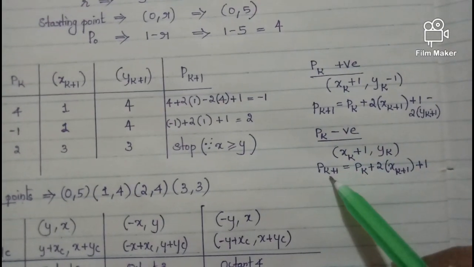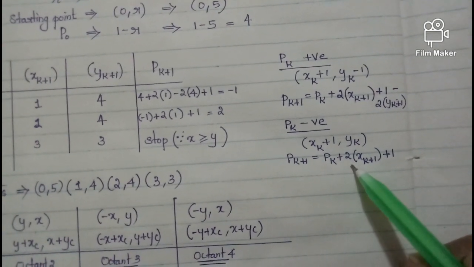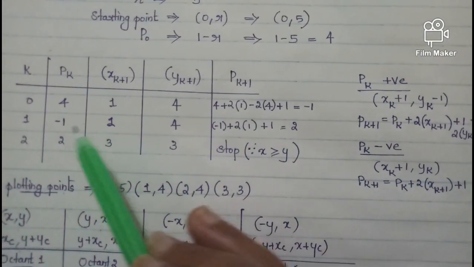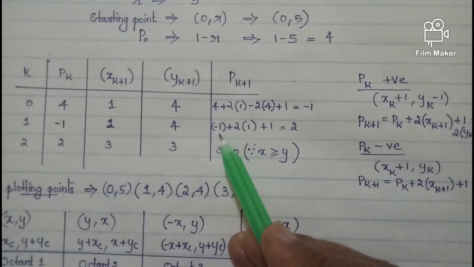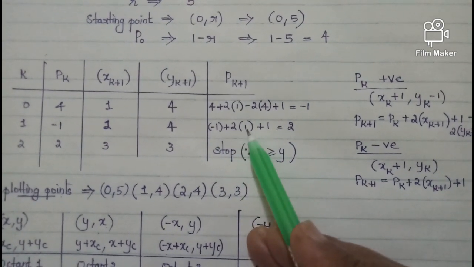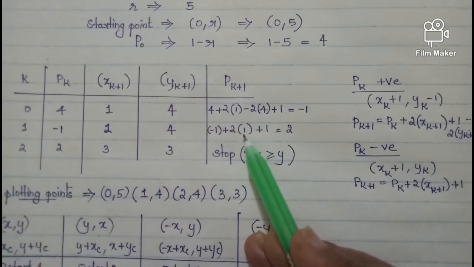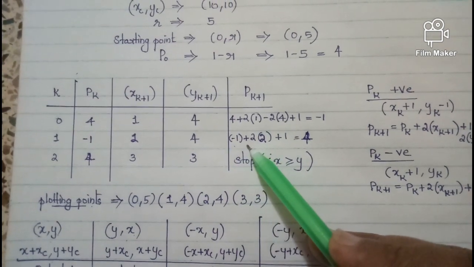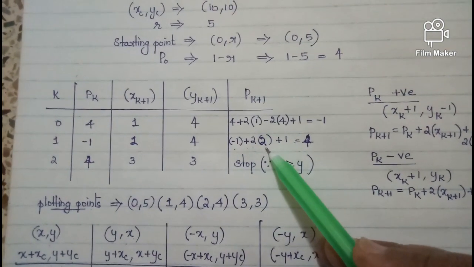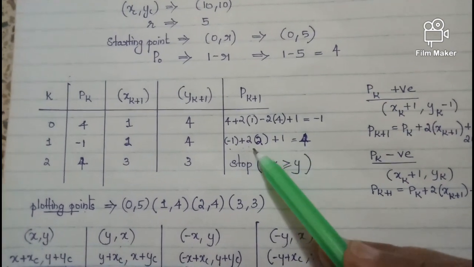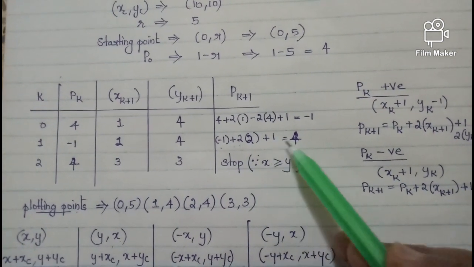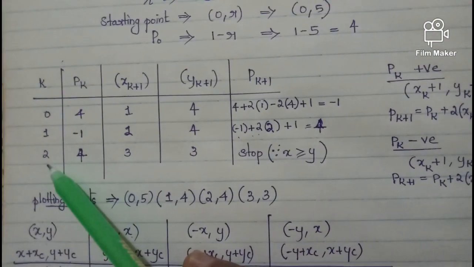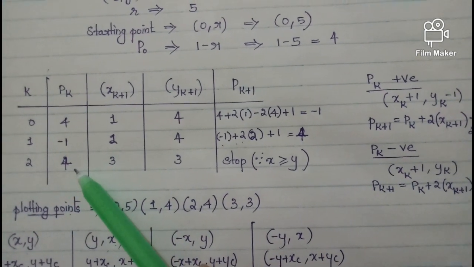When pk is negative, pk plus 1 is equal to pk plus 2 times the next value of x plus 1. After evaluating this equation, you will get the value as 4. So in the next iteration, where k is 2, the value of pk is positive, which is 4.